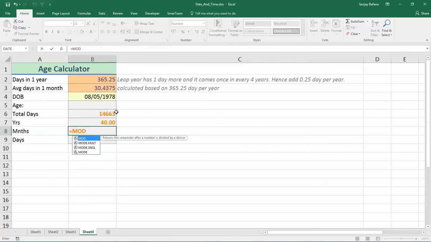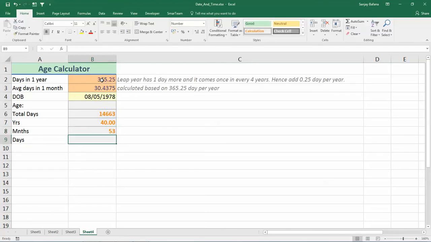It returns the remainder after a number is divided by a divisor. So we are dividing 14,663 by 365.25, and the remainder is 53. So 53 days.